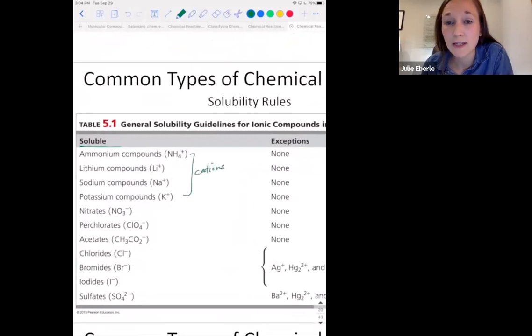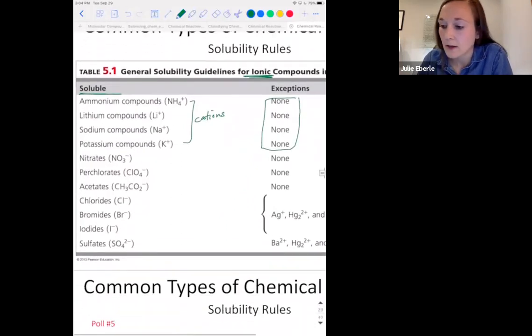So if a compound contains any of these cations, that compound is soluble, okay? This is for ionic compounds, by the way, not covalent. So if the compound contains any of these 4, the ammonium, lithium, sodium, or potassium ion, there are no exceptions there, okay? Those compounds are soluble. They will not form a precipitate.